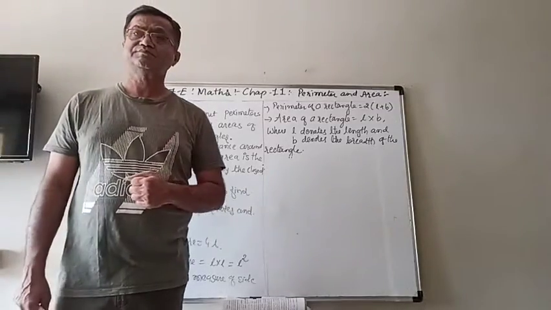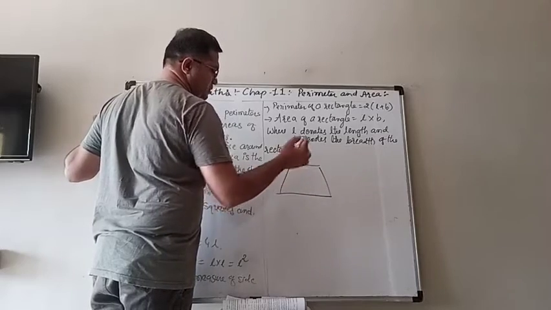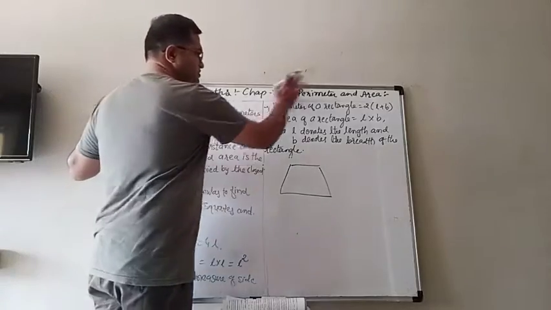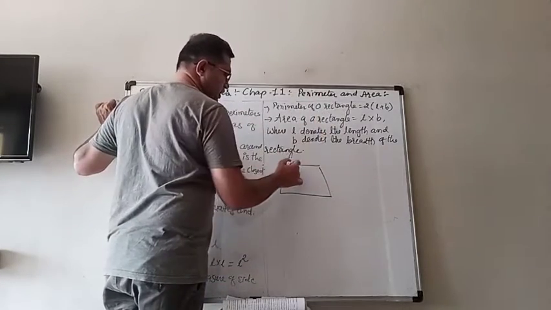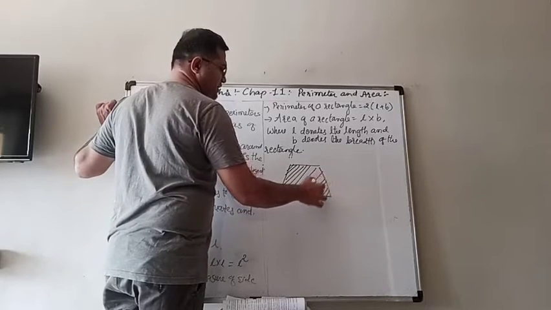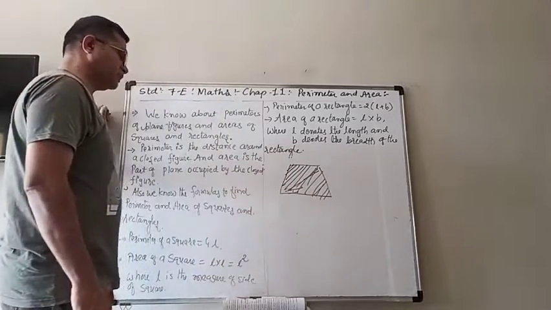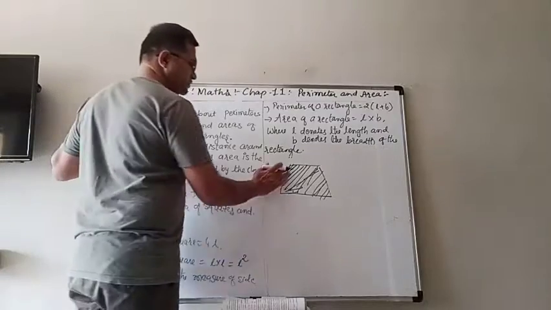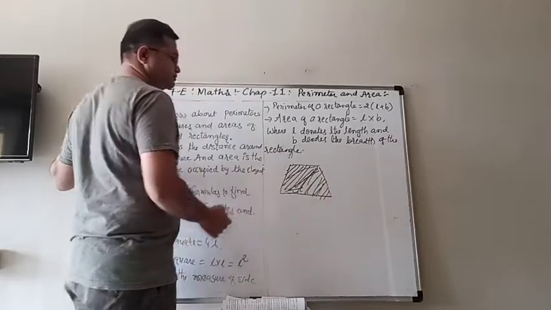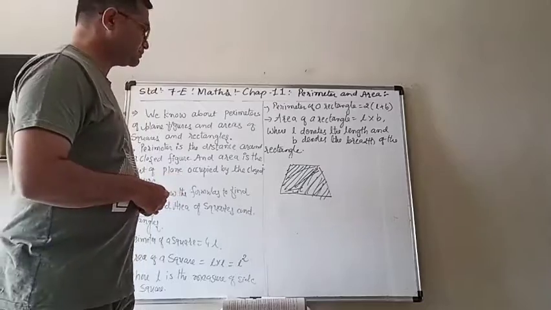What is area? Area is a little different thing. Suppose this is a plot. So now this is the plane. The region or the place in the plane that is occupied by the closed figure, means the measurement of all this shaded part, is known as the area of the closed figure.